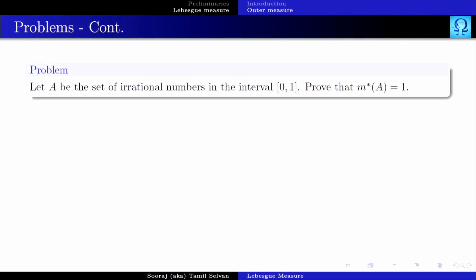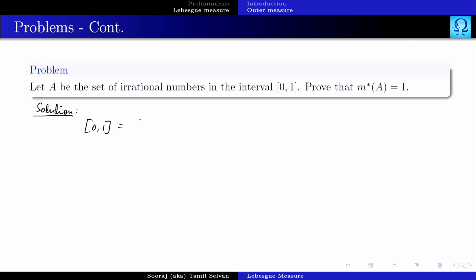Next we have the set of irrational numbers in this interval. Now we have to prove m star of A is 1. Here this is quite simple. Let us disjointify. A is given to be, sorry, the irrational numbers in [0, 1].